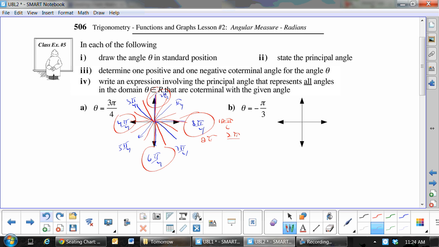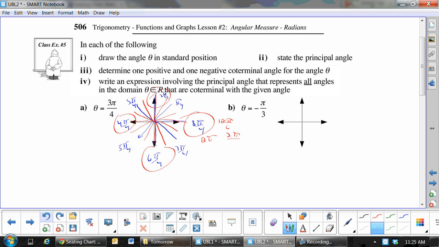Count by ones at every 30 degrees. 1, 2, 3, 4, 5, 6, 7, 8, 9, 10, 11, 12. Okay, pi over 3. Well, give me something over 3. 6 over 3 is 12 over 6. 12 pi over 6 is 2 pi. But that's not even on the unit circle, right?